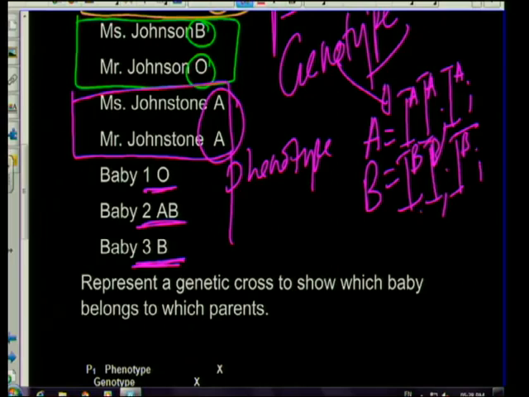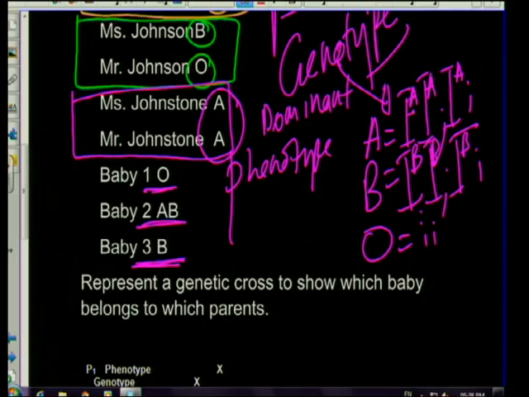Notice we're using capital I and capital B for B and capital I and capital A for A. That tells you that A and B have some form of dominance. Blood group O, on the other hand, is given as two small i's. What does that tell you? That tells you that this is recessive.